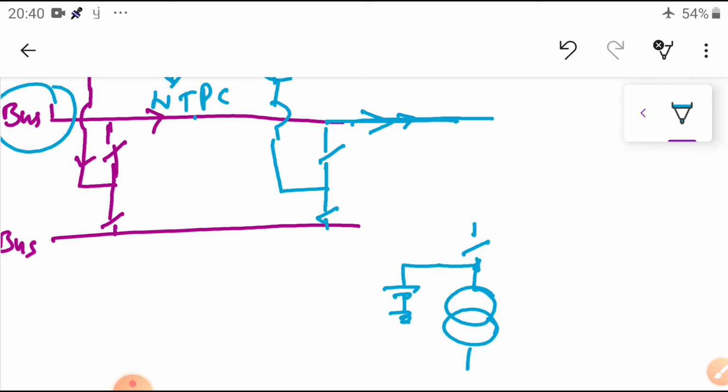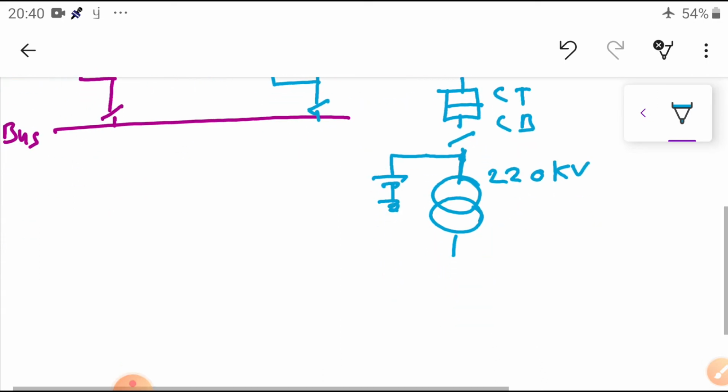Then I can use the brother and sister, CT and PT, then the same isolator, then I connect to this line. Okay, so this is the primary side arrangement. Whatever 220 kV power comes goes to the isolator, CT and CB. Next isolator, lightning arresters, 220 kV incoming.